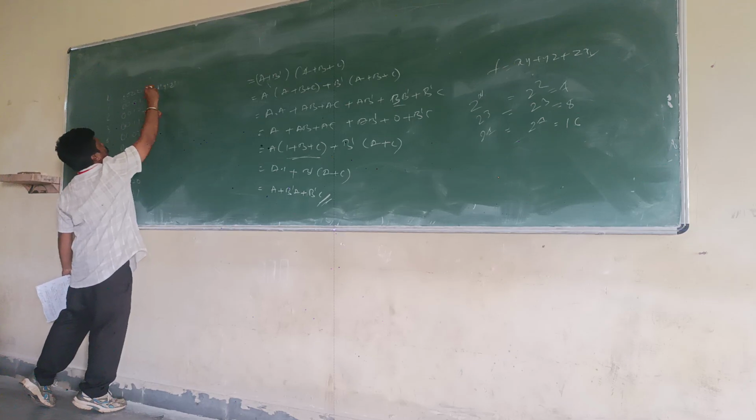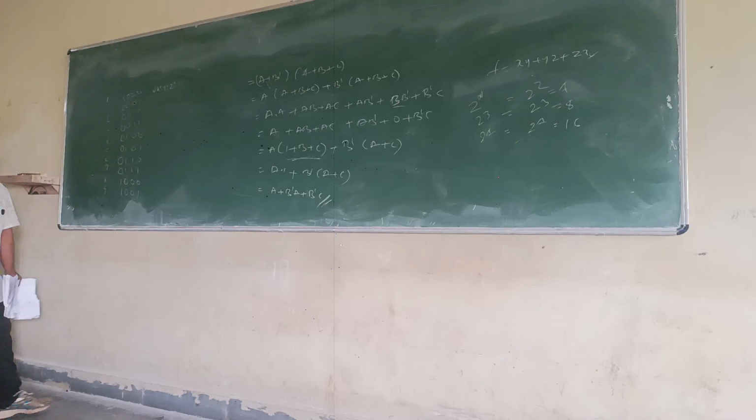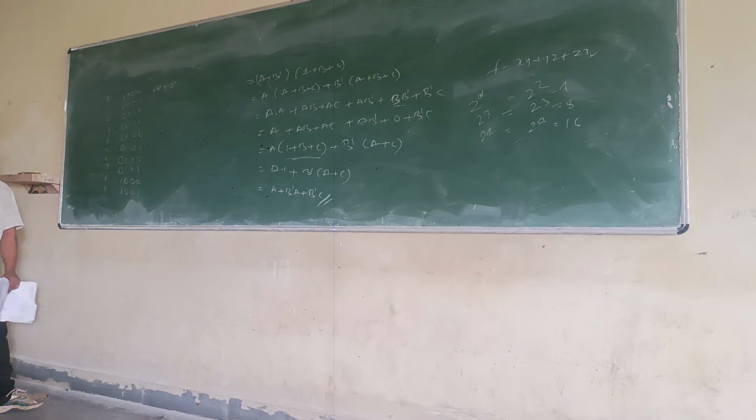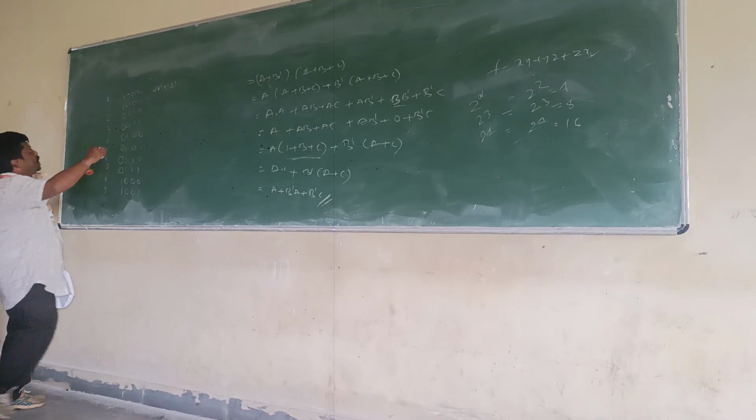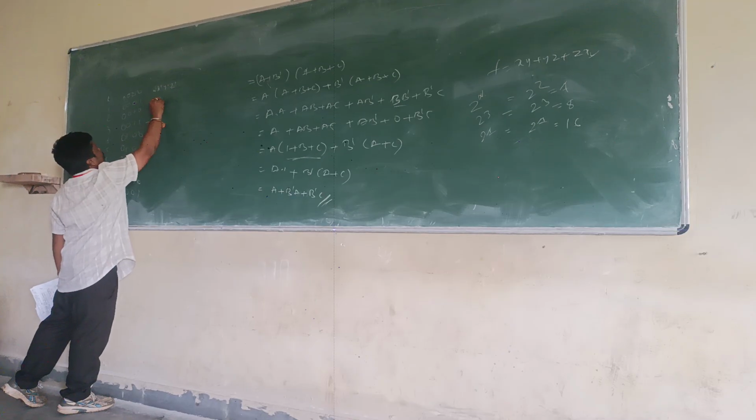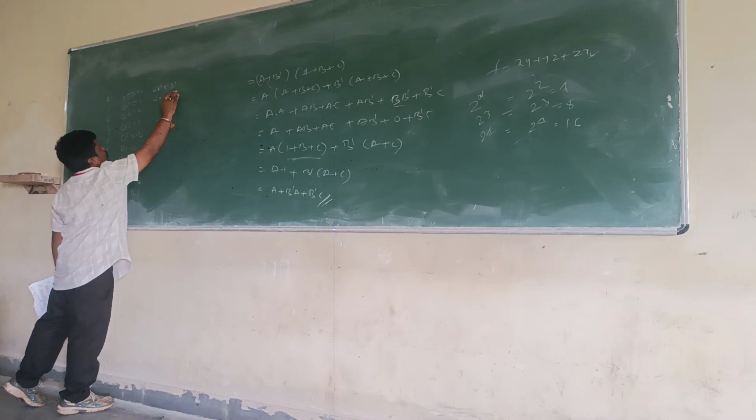This is w, so w, x, y, z: there are four variables here. How to write this one? It is w bar, x bar, y bar, z.